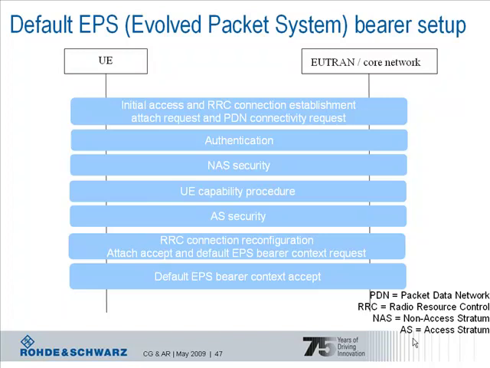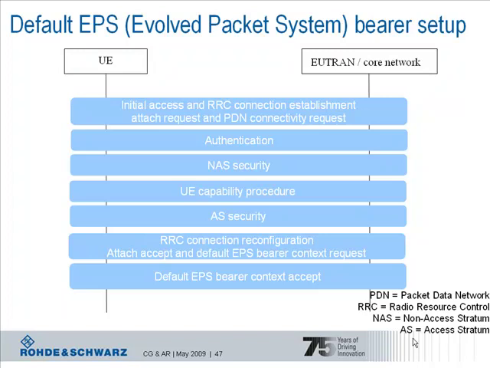The EPS bearer has to cross multiple interfaces to establish that connection: between the UE and the eNode B, between the eNode B and the serving gateway via the S1 interface, and between the serving gateway and the packet gateway. A lot of procedures have to be executed and a lot of information is exchanged between network and the UE.